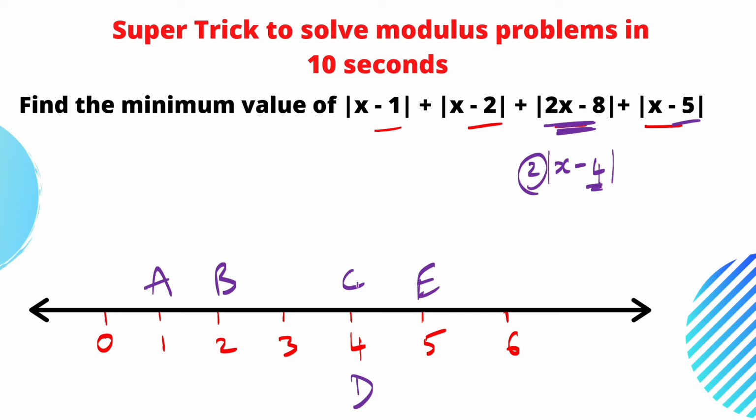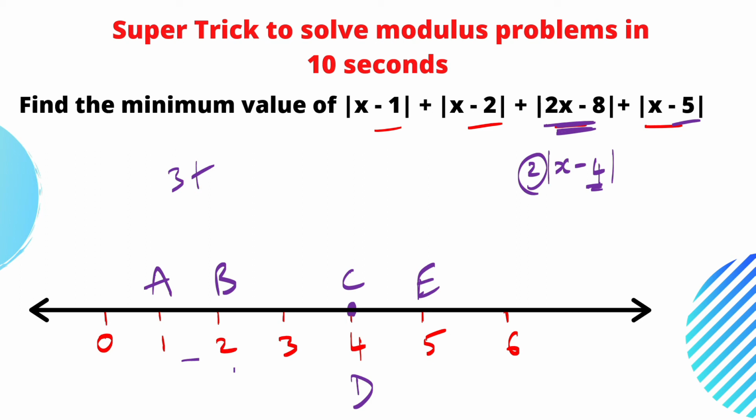See, in order to make the distance minimum, we have to make sure that these two guys must not move. They must be static, right? So if we consider 4 as the meeting point, A is traveling from 1 to 4, so A is covering 3 units.